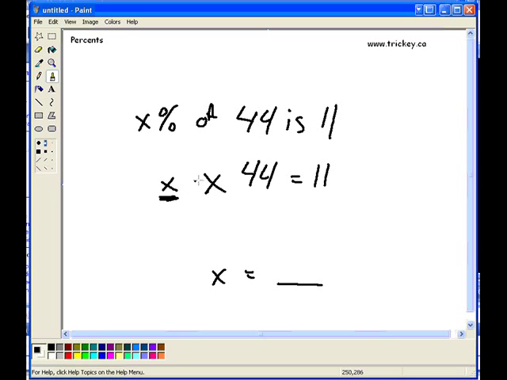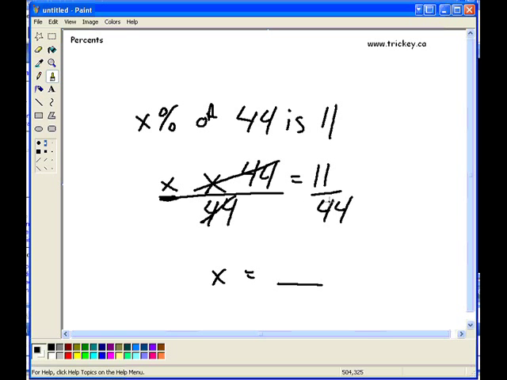something. In order to do that, I got to get rid of a times 44. Well, the opposite of a times 44 is a divided by 44. Whatever I do to one side of the equation, I must do to the other side in order to keep that equation balanced. Alright? These two end up canceling each other out, and I'm left with x, which is what I want.